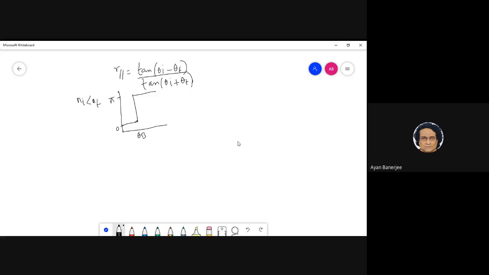No problems. The really interesting part comes when Ni is greater than Nt. Then you have all kinds of issues, right? Not all kinds. Initially it is negative. Why negative?